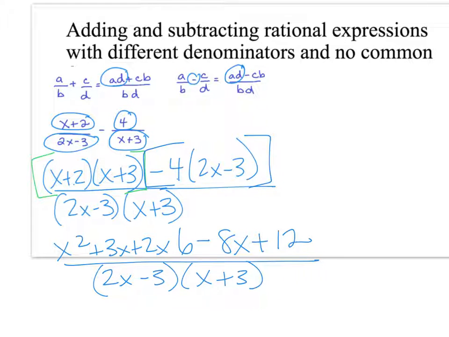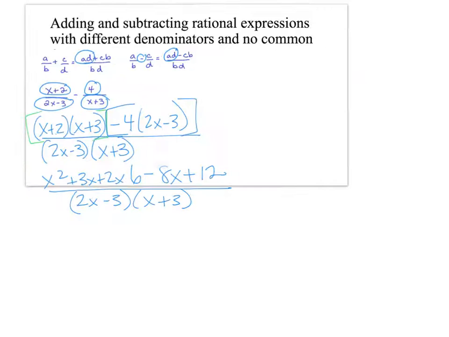Our next step is to simplify that numerator. So to simplify the numerator, I'm going to look for like terms. x squared doesn't have a like term, but I do have positive 3x, positive 2x, minus 8x, which together make negative 3x, because positive 5x minus 8x would be negative 3x.